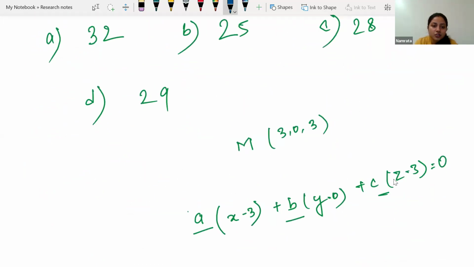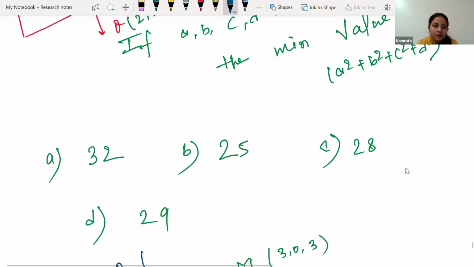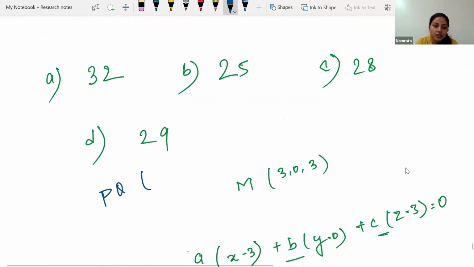Alright, we can use the direction ratio of line PQ, 1, minus 3, 3.